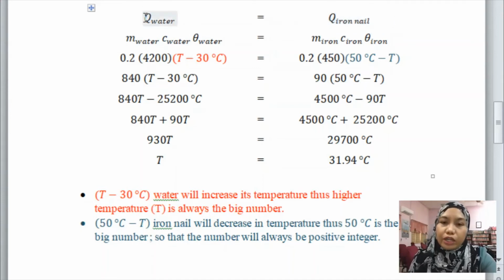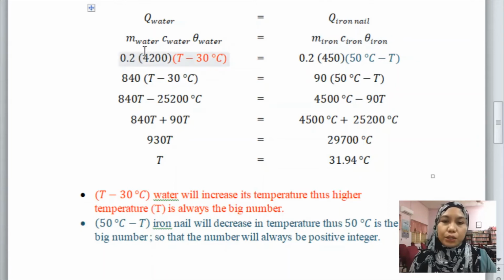From the equation Q equals m c theta, we have m, c and theta for water, and the same goes for the heat energy of the iron nail: m mass for iron, c for iron, and theta change in temperature for iron.